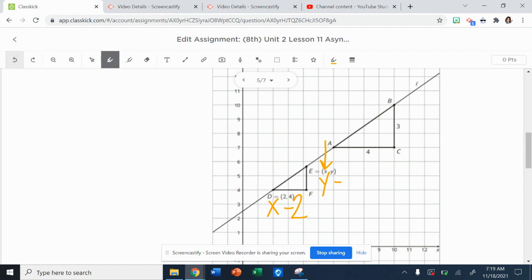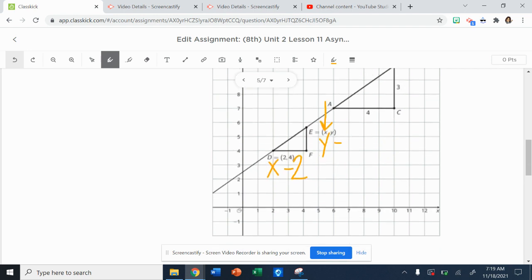For y, we also have some extra space, and we can see that the y coordinate minus 4 will be the vertical length of the triangle, because we have these 4 extra units between the bottom of the triangle and the x-axis. And so y minus 4 is equal to the length of the triangle. Now we still know in this triangle, just like the last one, that y over x is 3 over 4.